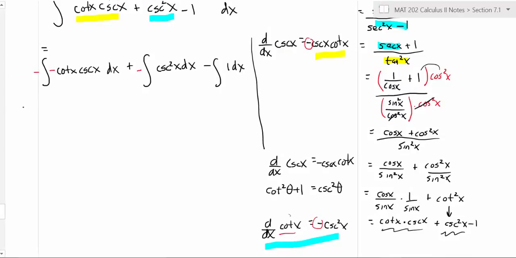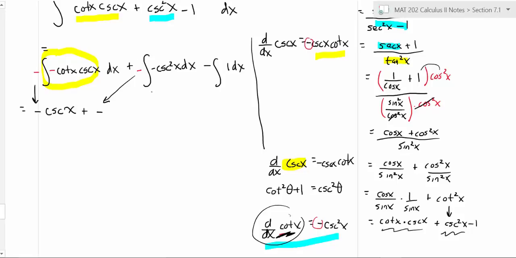So we're going to have negative. The value of this integral is going to be equal to negative cosecant x plus, then we have that negative that comes down, and we know that the derivative of the cotangent is the negative cosecant squared.